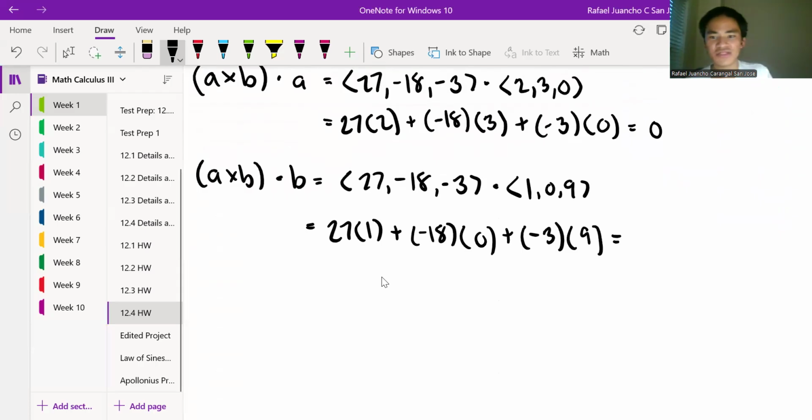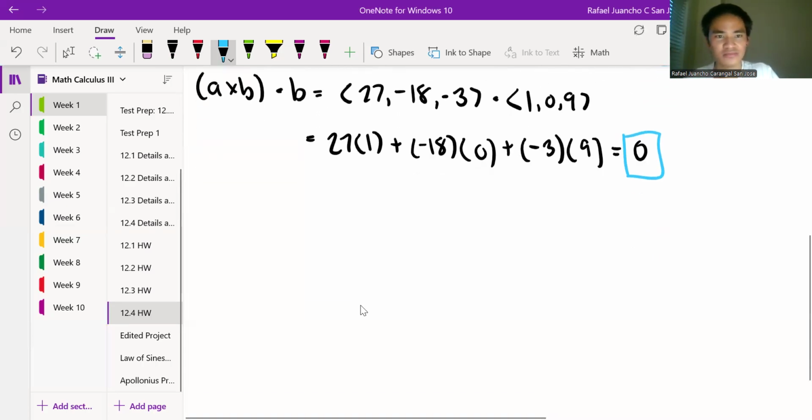What do we get? 27 minus 27, 0. So both of them are orthogonal. We have verified that they are orthogonal, so they're both 0. Okay. Boom, done. Next.